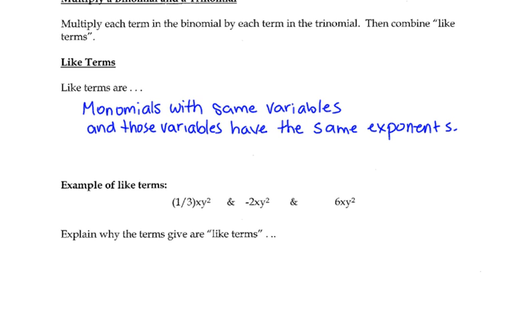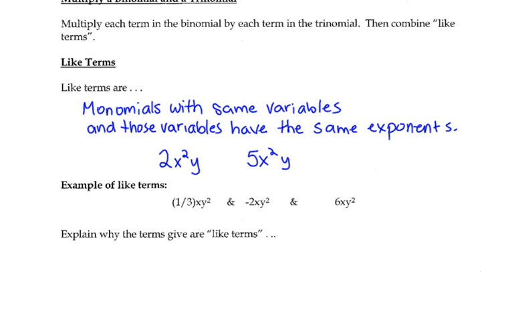For example, 2x squared y and 5x squared y. They both have x's, and the x's are both squared. They both have y's, and the y's are both to the power of 1. Those are like terms.